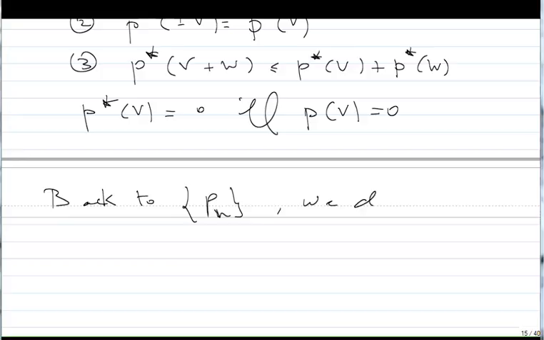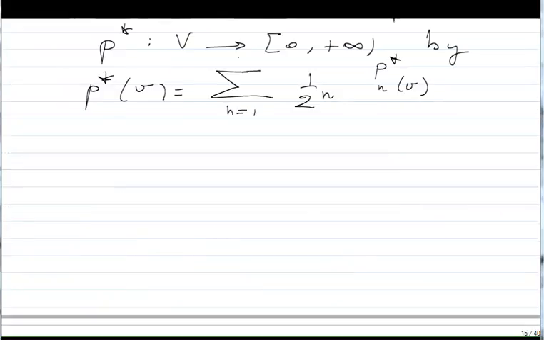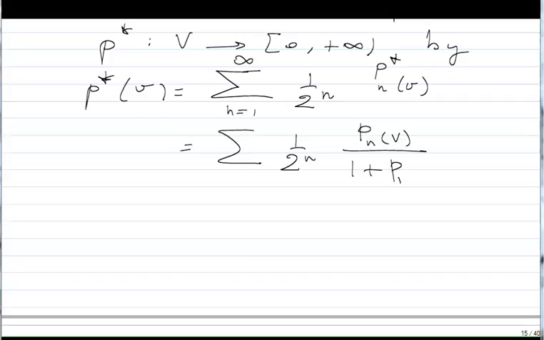We define P star from V into 0 plus infinity by P star of V to be the sum of 1 over 2 to the power n times Pn star of V, from n equals 1 to infinity, which is basically the sum of 1 over 2 to the n times Pn of V over 1 plus Pn of V. What's interesting is that this series is very well defined.